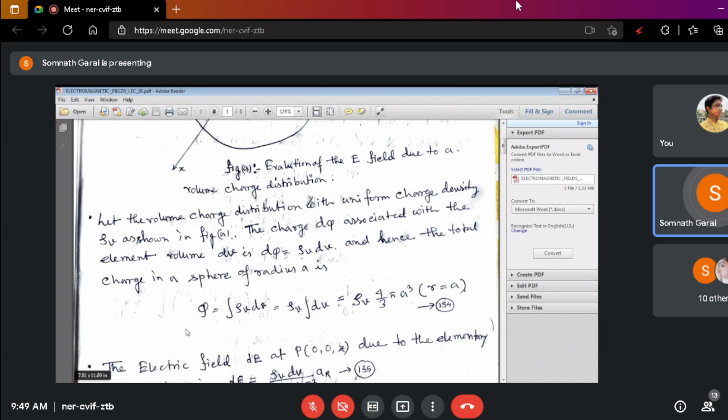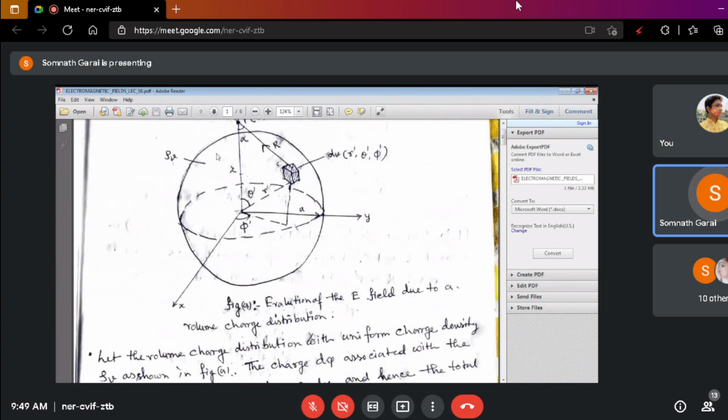If we integrate over this total volume, then we get the exact volume of the sphere.